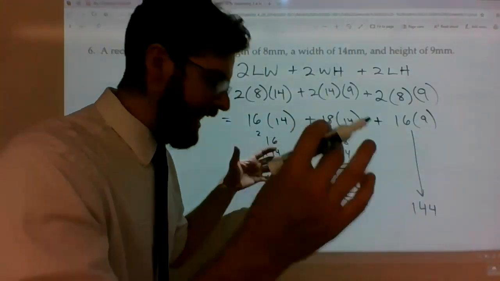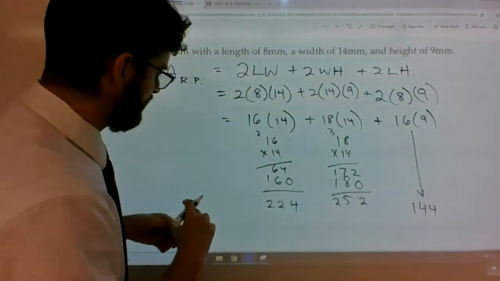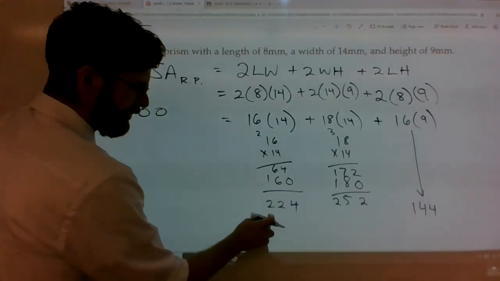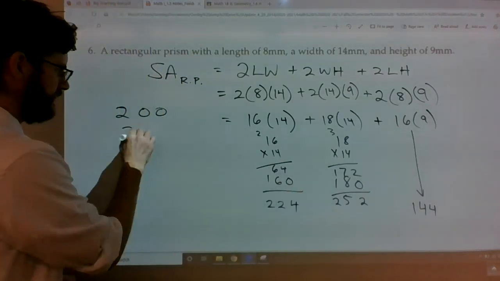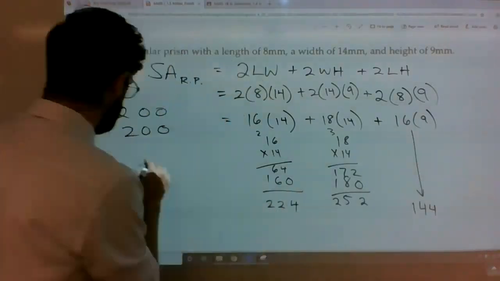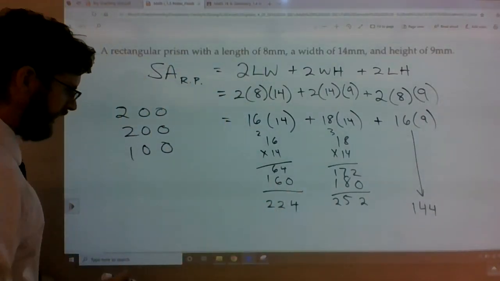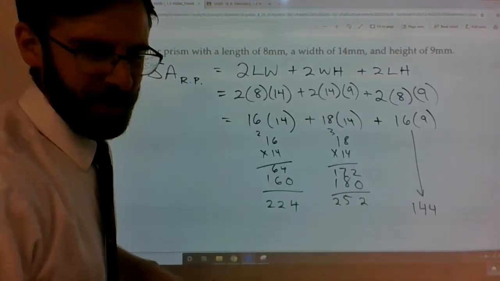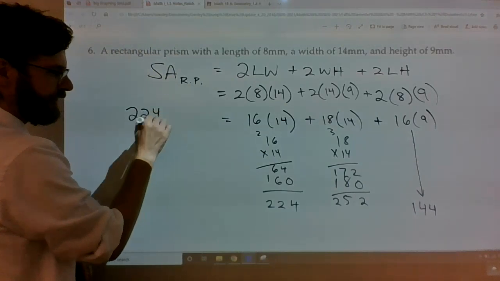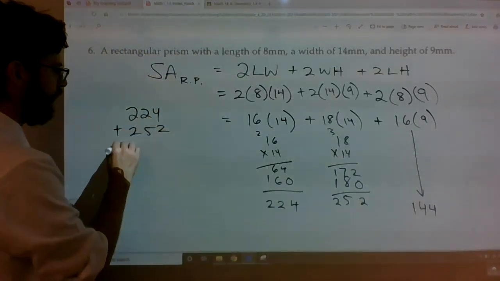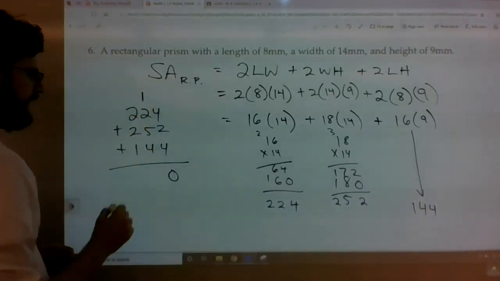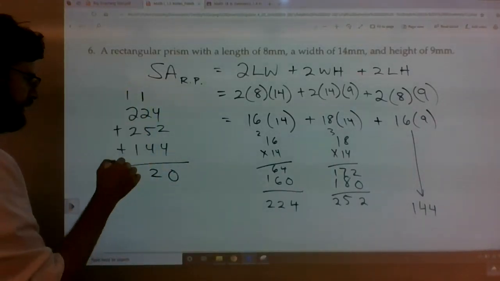Add the trio together, all three of them. Really you can do it quickly. You can say 200 plus 200 plus 100 is 500. You know what? We can just stack them. 224 plus 252 plus 144 ends up being 620.